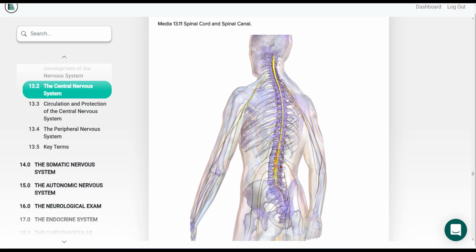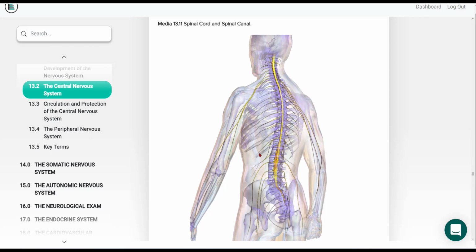But what you may not initially understand or appreciate is that the spinal cord actually ends where I'm pointing. The spinal cord itself comes down and stops, or the majority of it, what we call the spinal cord proper, stops at about L1. Now, how do I know that this is L1? The way I easily tell is to remember that you have 12 thoracic vertebrae, and I can see here rib 12.